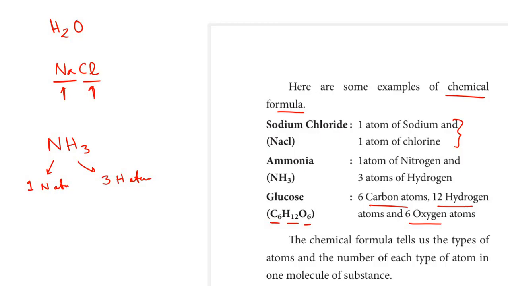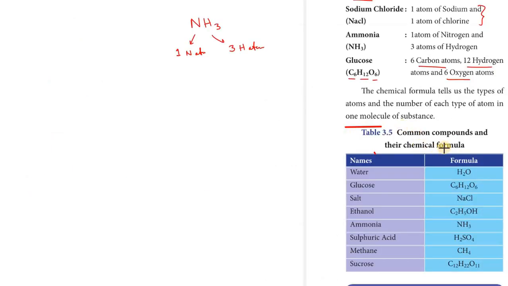Okay, students. Now let us again look at some common compounds and their chemical formula. So water, it's just H2O. Next glucose, it is C6H12O6. Next salt, sodium chloride, NaCl. Next ethanol, C2H5OH. Ammonia, NH3. Sulfuric acid, H2SO4.